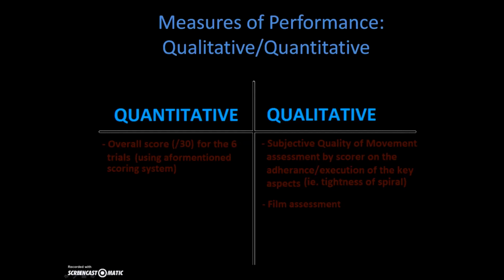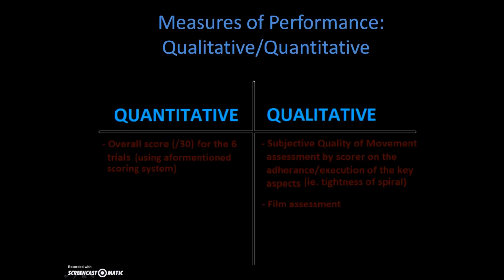The measures of performance in a qualitative and quantitative sense were fairly basic. As far as quantitative goes, we have the overall score out of 30 for the adapted Buckley kicking test using the scoring system that we've touched on. As far as qualitative goes, we've got a subjective quality of movement assessment by the teacher on how well the performer adheres to and executes the key aspects of the skill.